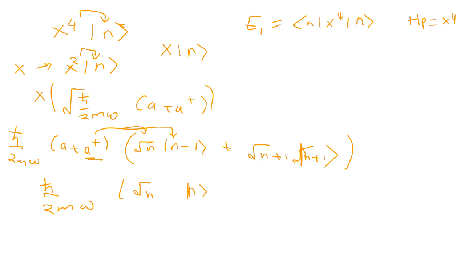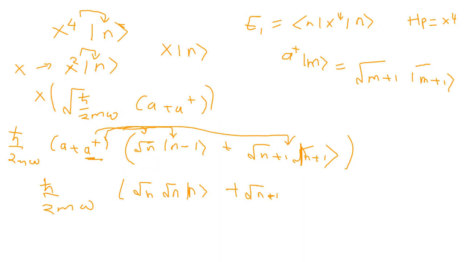And the a† acting on some state |m⟩ gives you square root of m+1 times |m+1⟩, so we add a 1, but again we'll have that square root of n. Similarly, once this one acts there, you get square root of n+1, and a† acting on |n+1⟩ raises it, so you get |n+2⟩ with square root of n+2 in x². You repeat this for x³, and you repeat it for x⁴.